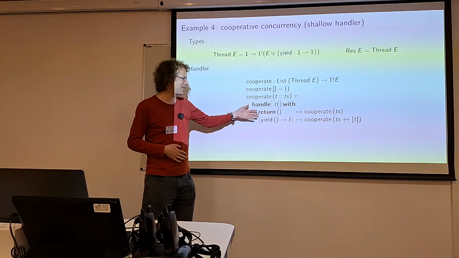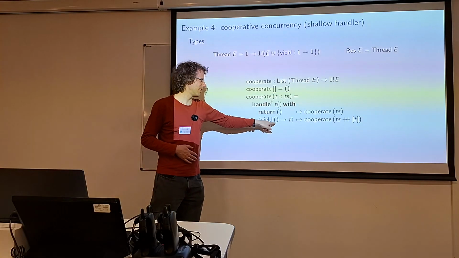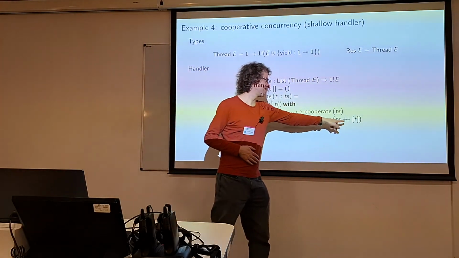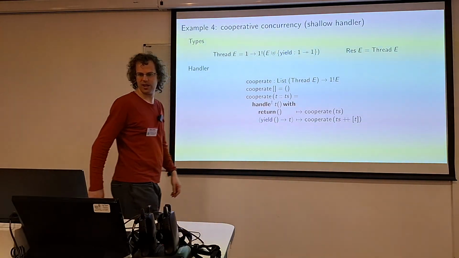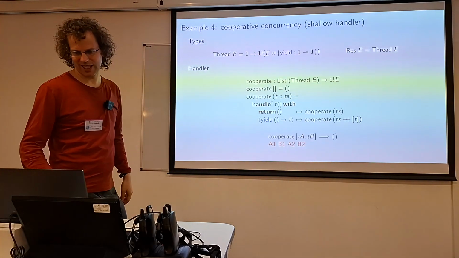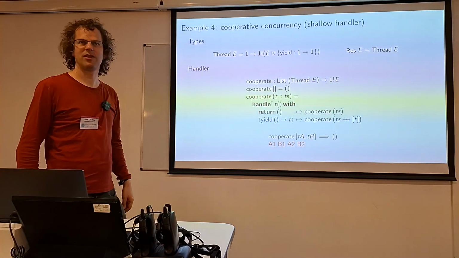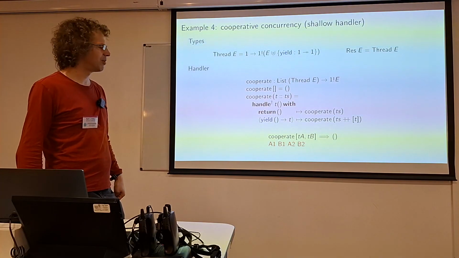But otherwise, you've just got these two cases. If we yield, well, we just stick the thread on the end of our queue. And if we finish, we just carry on with the rest of the threads. And that's it. And it behaves the same way. Which I think is nice.